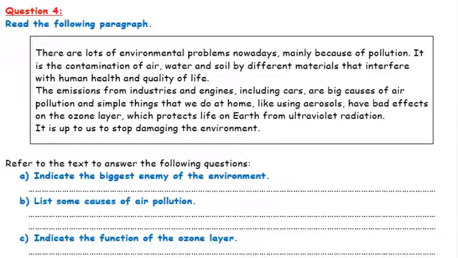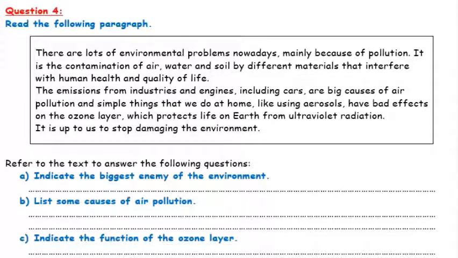The emissions from industries and engines, including cars, are big causes of air pollution. And simple things that we can do at home, like using aerosols, have bad effects on the ozone layer, which protects life on Earth from ultraviolet radiation. It's up to us to stop damaging the environment.